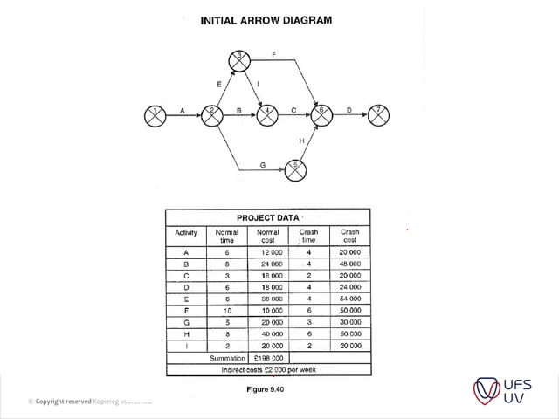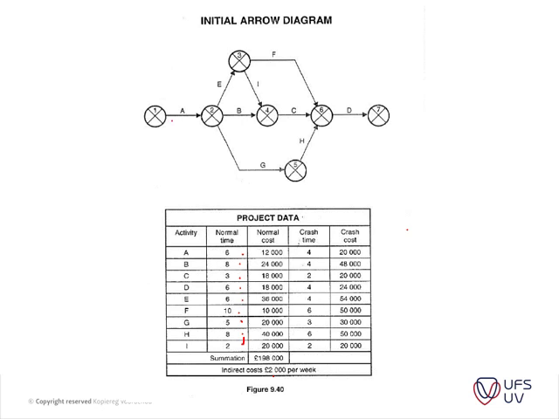So in figure 9.41, the analyzed diagram based on the normal time situation, which gives an overall project duration of 28 weeks. Okay, so basically what they did is they just plotted the normal times to see what the actual normal time of this project is, because you can't just add all of your days together, because they have different sequences.